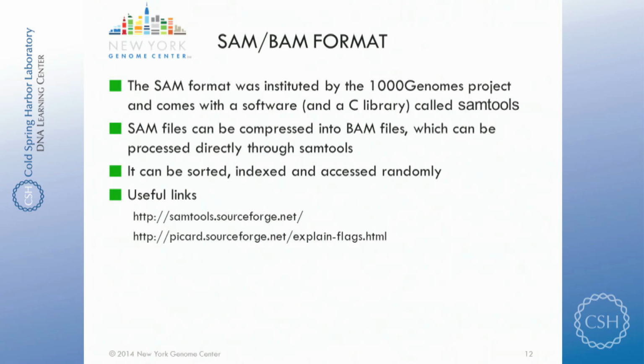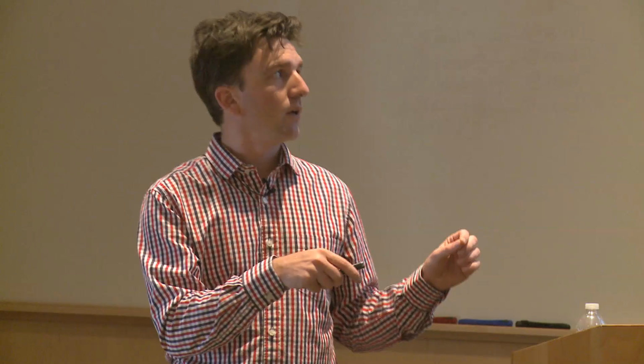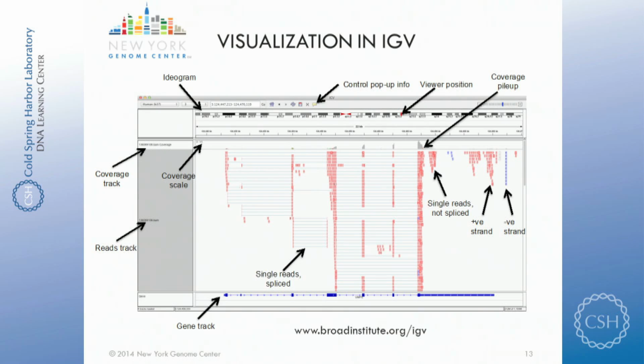What we can do when we can access a specific genomic location is to visualize all the reads. So for instance, this browser here is called IGV, from the Broad Institute. Here you specify the genomic coordinate, and it will look into the BAM, collect all these alignments, and report them in the browser.